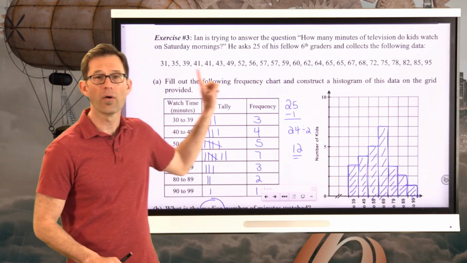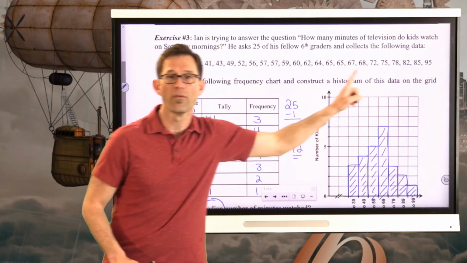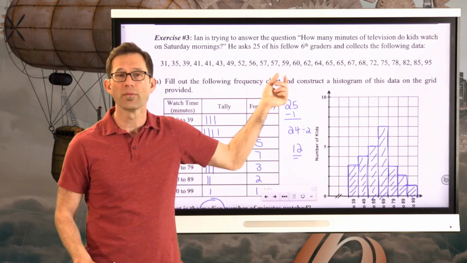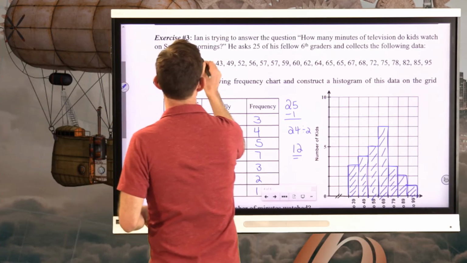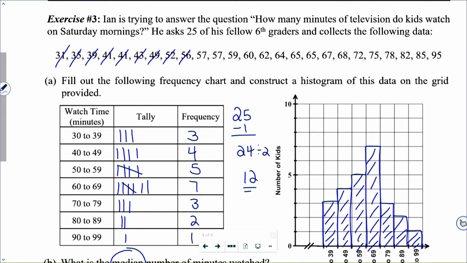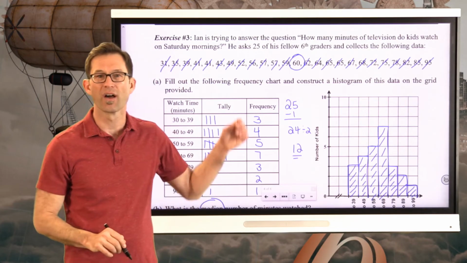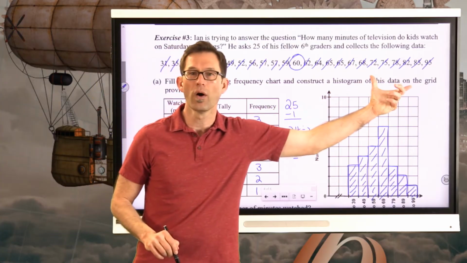That means if I go 12 this way, and 12 this way, there'll be a number right between those 12 that's my median. So literally, 1, 2, 3, 4, 5, 6, 7, 8, 9, 10, 11, 12. 1, 2, 3, 4, 5, 6, 7, 8, 9, 10, 11, 12. And there is my median. I've got 12 below, I've got 12 above.